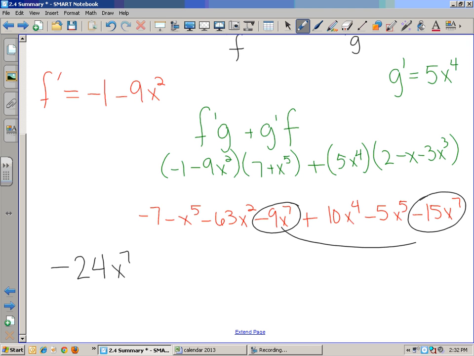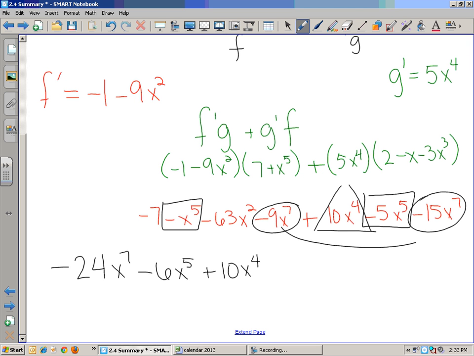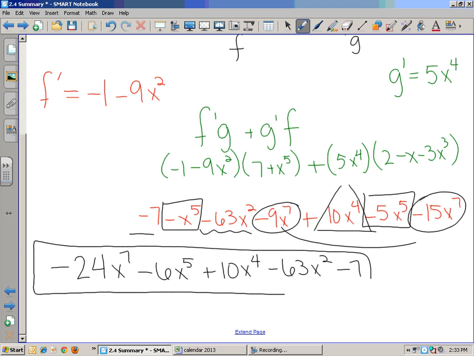Then I have negative 5x to the 5th and negative 1x to the 5th, so negative 6x to the 5th. And then I have a 10x to the 4th, and then minus 63x squared and minus 7. All of this right here is equal to f prime of x. Okay, f prime of x.